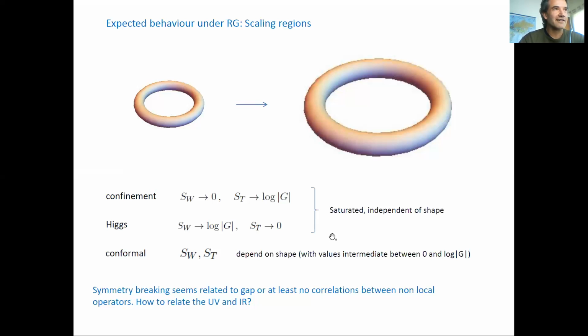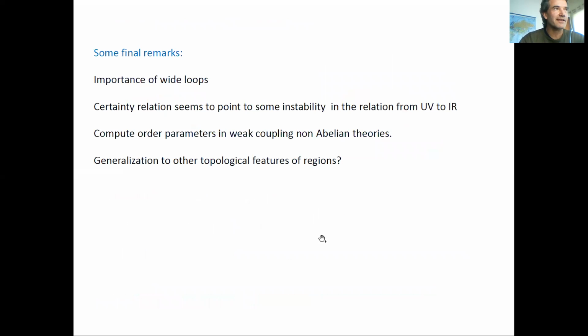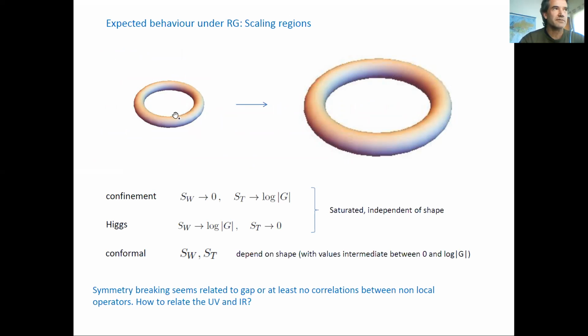So I just end with some brief comments. This investigation somehow remarks the importance of wide loops to understand what happens. Already this seems to point to some instability in the relation between ultraviolet and infrared. Suppose that in the ultraviolet, for small rings, you have Wilson loops and 't Hooft loops that have similar behavior.